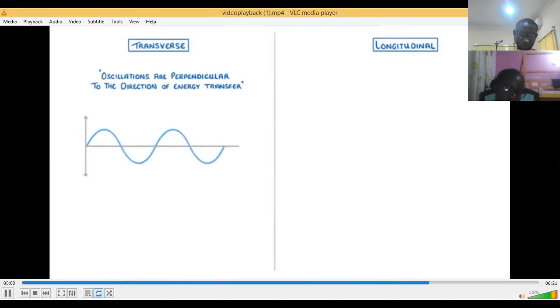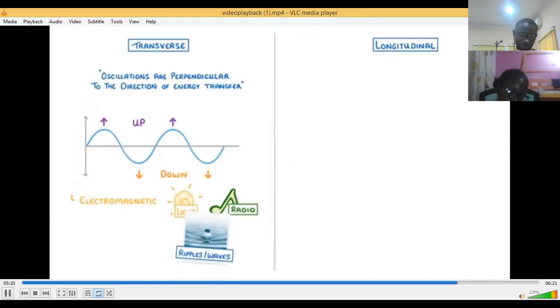Which is why on our drawing, the vibrations are going up and down, whilst the overall wave is traveling from left to right. Most waves we can think of are transverse, including all electromagnetic waves, like light and radio waves, ripples and waves in water, and the waves of strings like on a guitar.